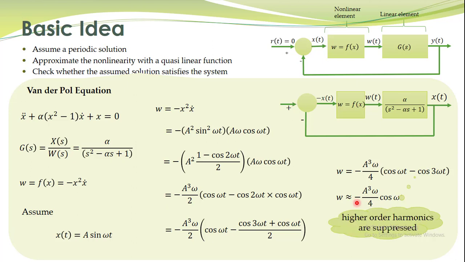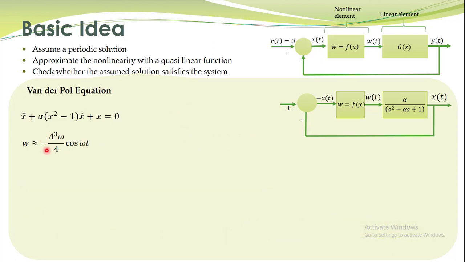What we have done is that, for x of t equal to a sinusoidal signal, w of t is something like this one, which can be rewritten in this form: a square by 4 into the derivative of this expression.